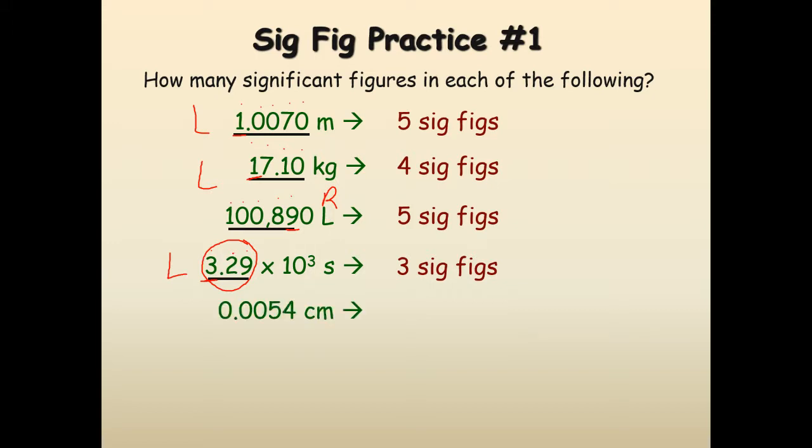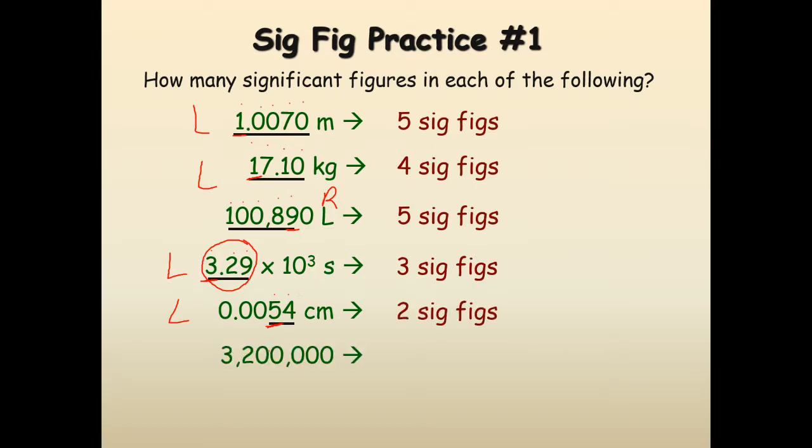All right, so try this one here. You can pause the video and try it. All right, so decimal's present. We start counting from the left-hand side. Our first non-zero digit is here, so that's the 5. So we count 1, 2, so that one just has 2 sig figs.